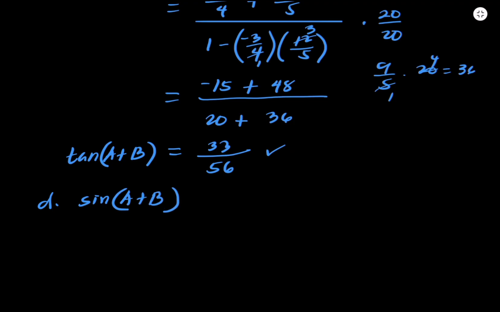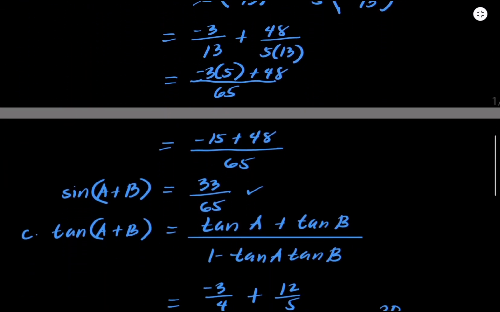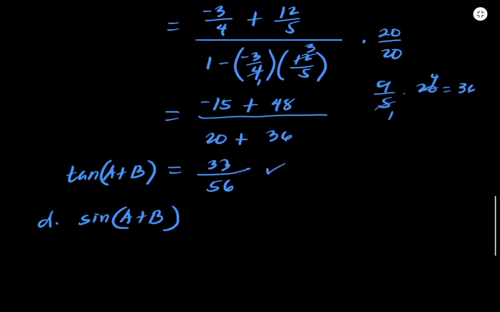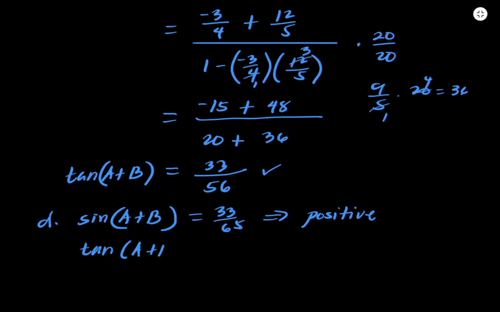So we know that sine A plus B is positive, right? What is sine A plus B? That is 33 over 65, positive. And from the result of tangent, tangent A plus B is equal to 33 over 56, which is also positive, right?